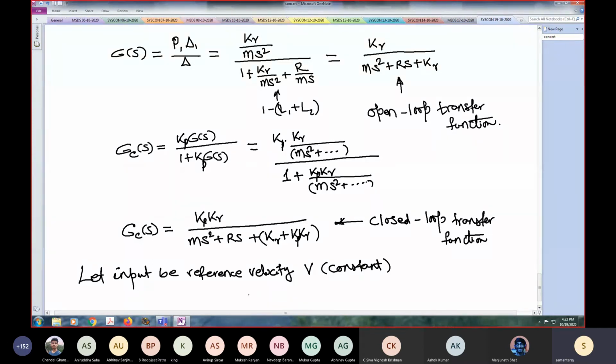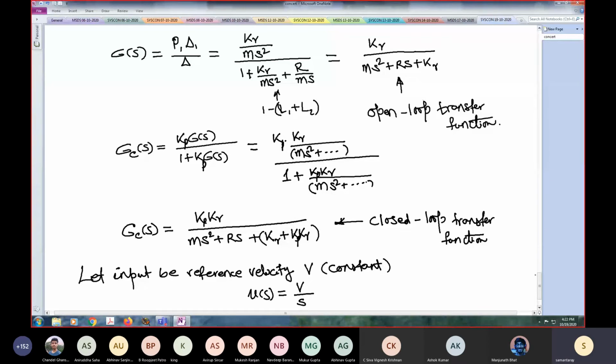So then what is U(s)? For a Dirac delta, it is 1. For a unit step, it is 1 by S. Now it's not a unit step, it's V times step. So there is a constant multiplier V. So the input is V by S.